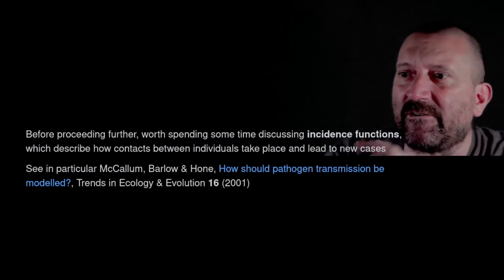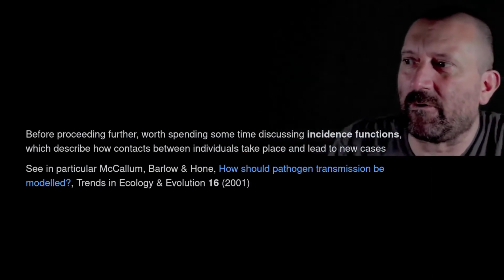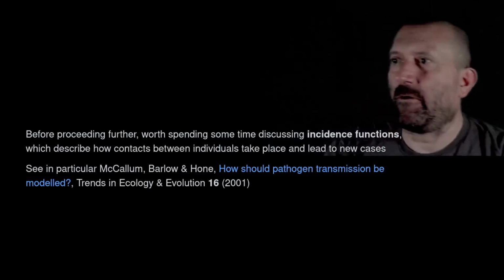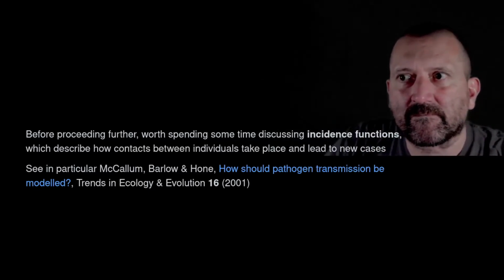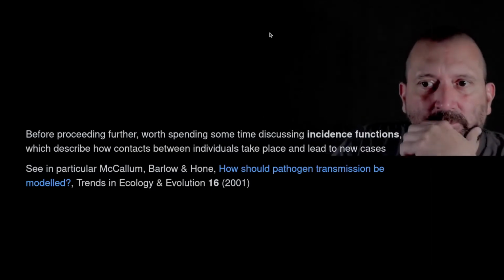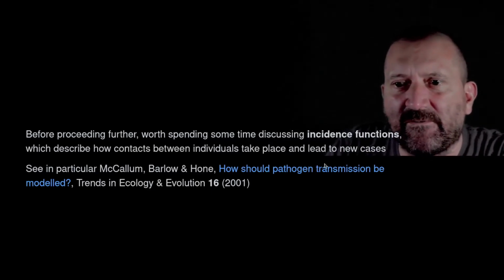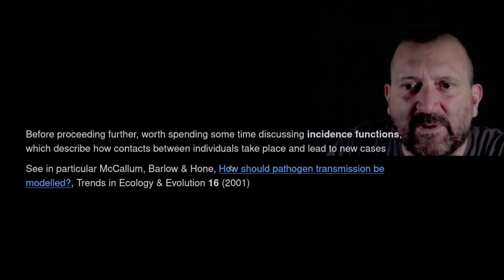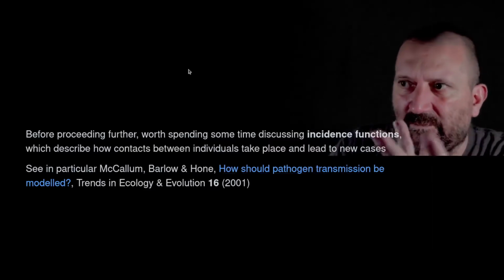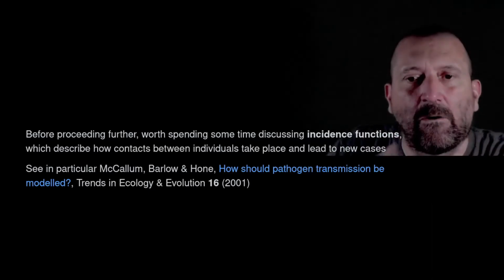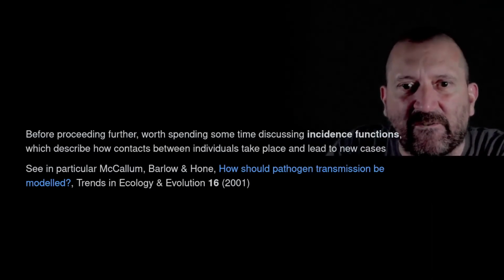So let me take a brief detour now on incidence functions. There's a very good paper for this that I recommend reading. It's in Trends in Ecology and Evolution, and it talks about how to model pathogen transmission.